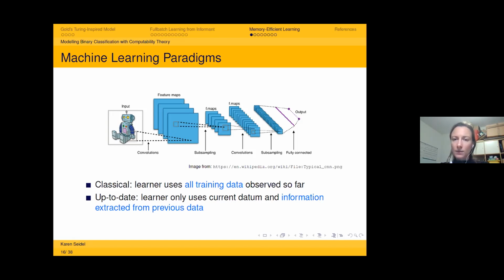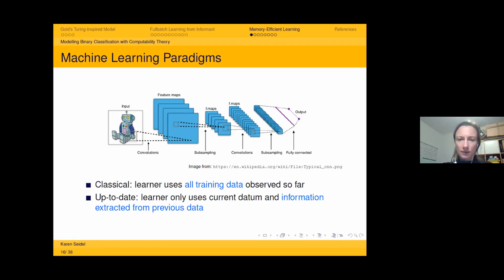What these learning algorithms do is they look at the data one by one in the extremest case, and each time they see it, they update the parameters, for example the weights of the neural network, and forget the old data. So the new output classifier is based on the last instantiation, or the last values of the weights, and the currently observed datum.